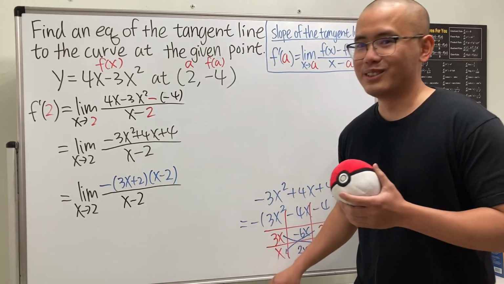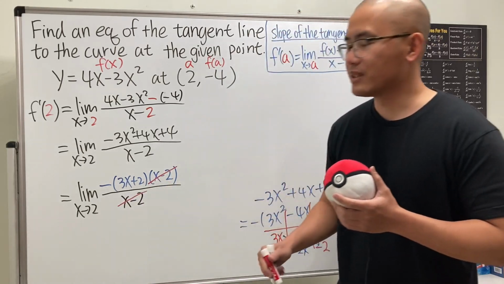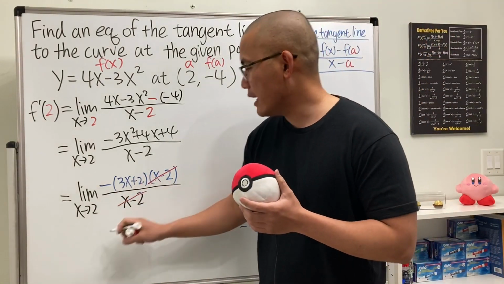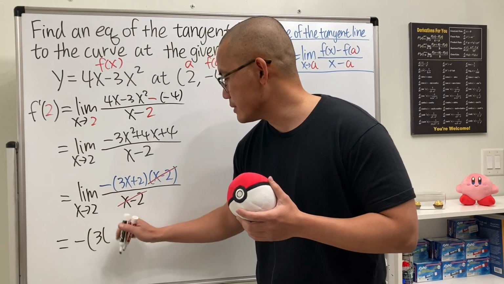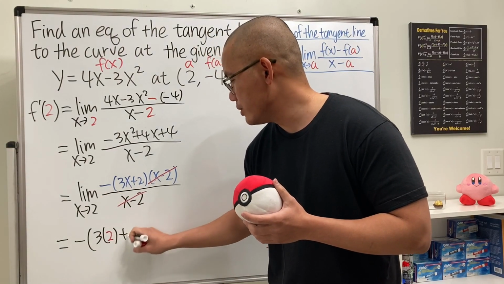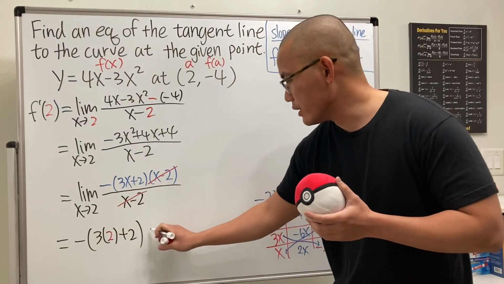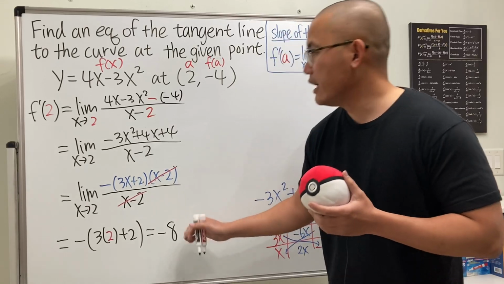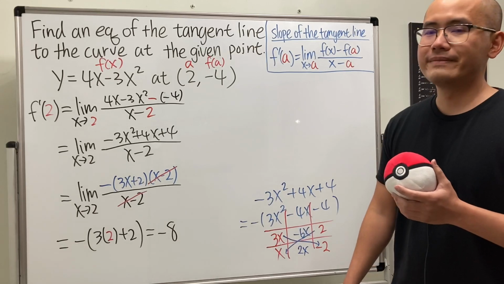And you know it, we can cancel things out. Here, let's go ahead and cross this out and also cross that out. And then we can just put a 2 into this x. So we are going to get negative parentheses 3 times 2 and then plus 2. So that's 6 plus 2, but that's negative. Altogether, we get negative 8. And that's the slope of the tangent line at a equals 2.